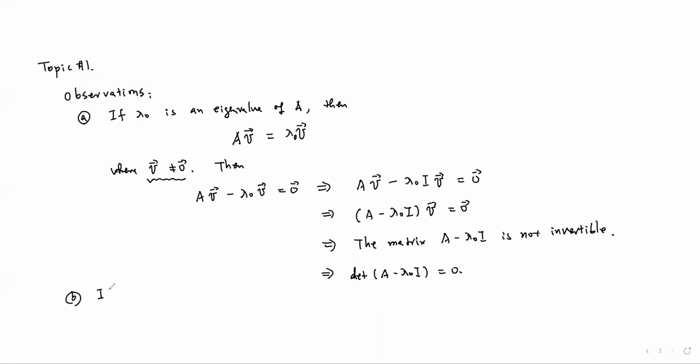Reversely, if a scalar lambda 0 is such that the determinant of this matrix is 0, then A minus lambda 0 I is not invertible.